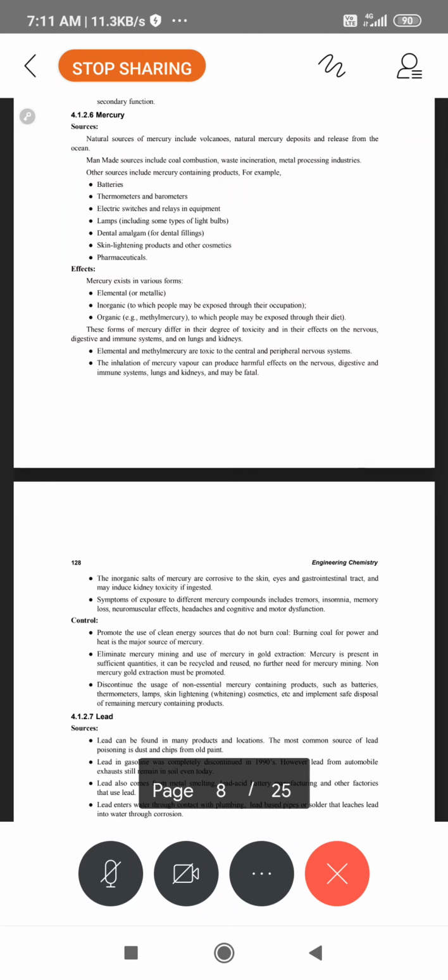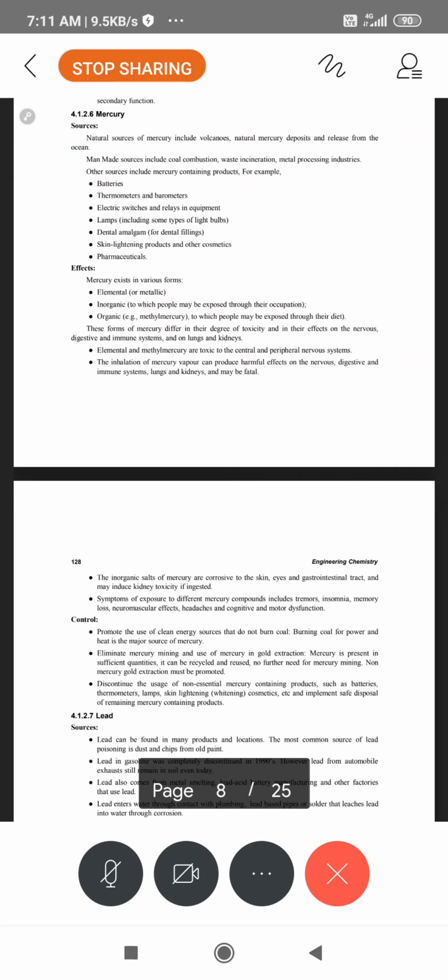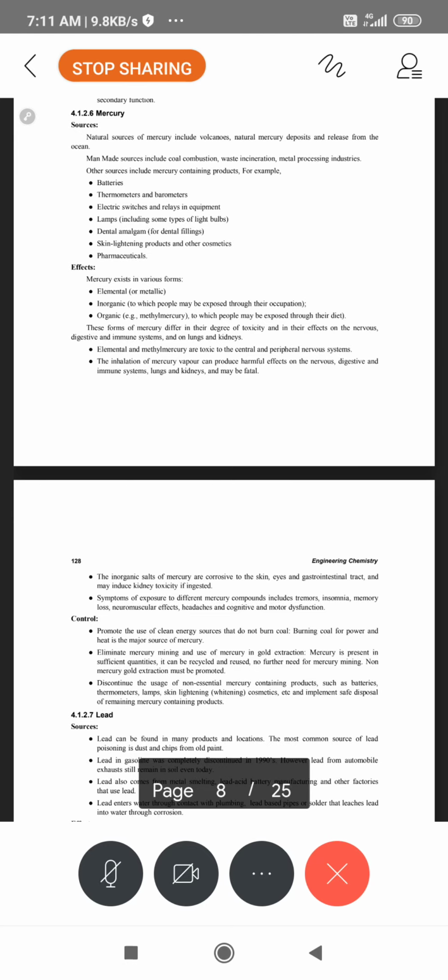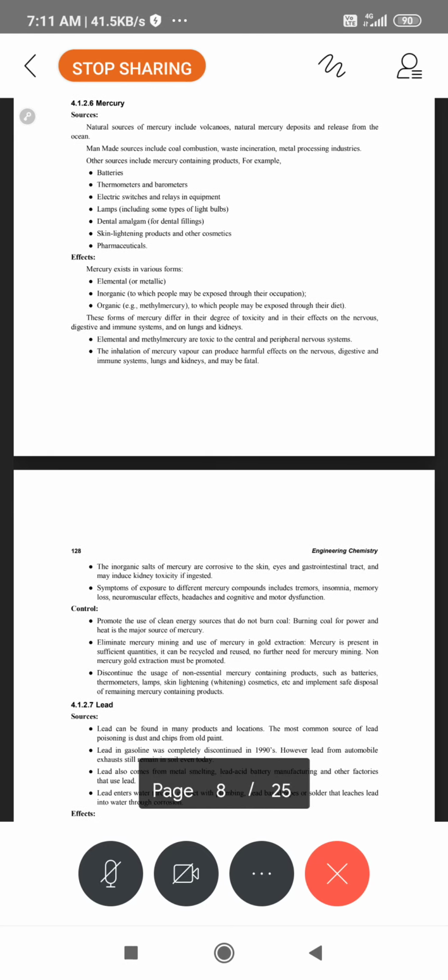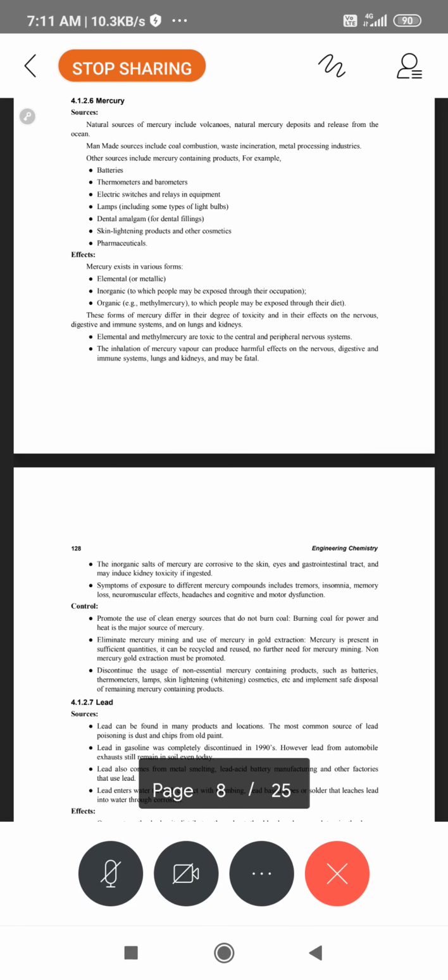Any mercury should be sent back to the factories so it can be reduced, reused, or recycled, because it causes a lot of problems compared to other pollutants. The pollutants mercury and lead are more and more dangerous to the environment.